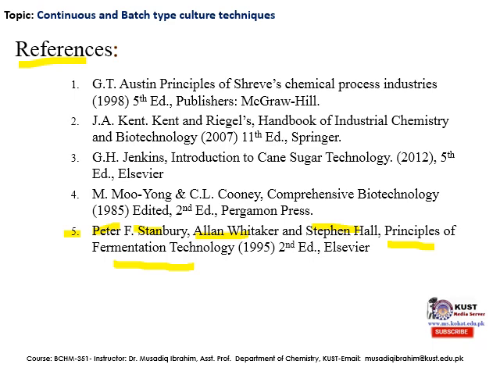So if you want to further grasp the idea of continuous and batch type culture techniques in fermentation, this book is very relevant for understanding and clearing your concept. Thank you.